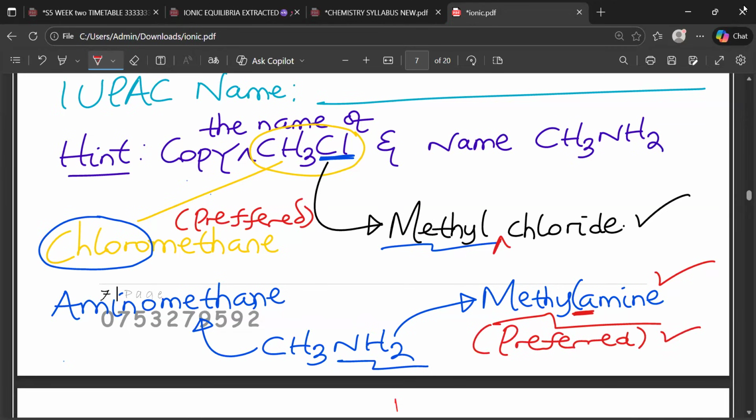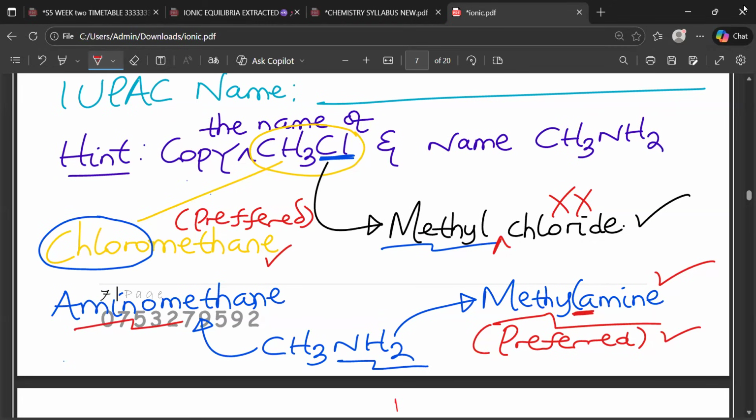Aminomethane is okay, but methylamine is preferred. Here, methyl chloride is not okay at all. The best name is chloromethane. But they overuse these words of aminomethane and amino others. But the ones that have amine, they are the best, and they are preferred.